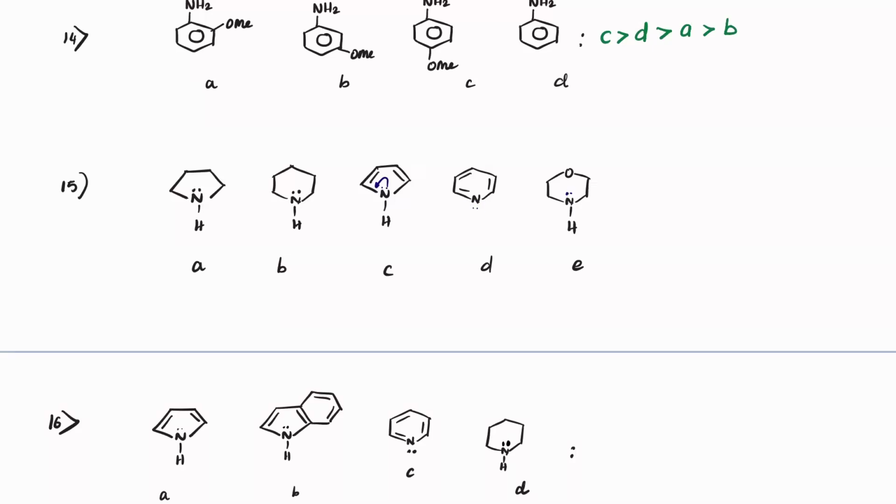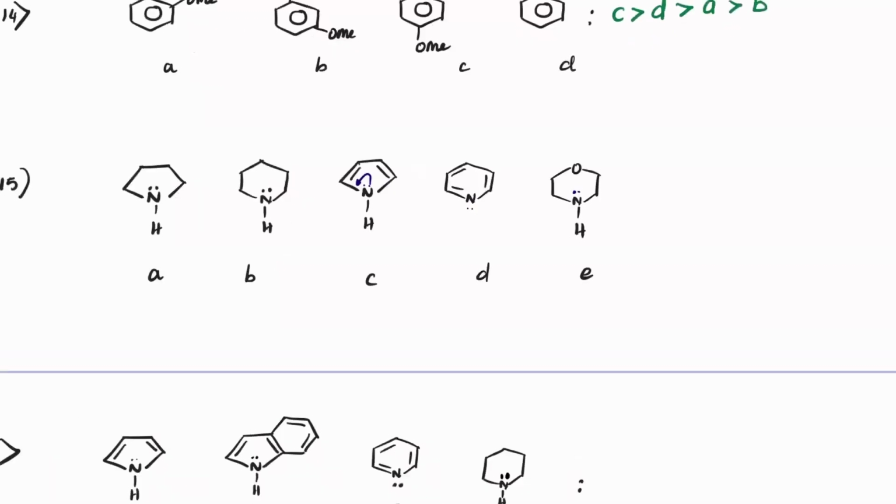In such a case, the most localized one is B. This is the most localized one, correct? And then A, because between A and E, this oxygen is actually withdrawing. Because of its withdrawing nature, its basic character will decrease. So then E, and then D is also localized, and C is highly delocalized.